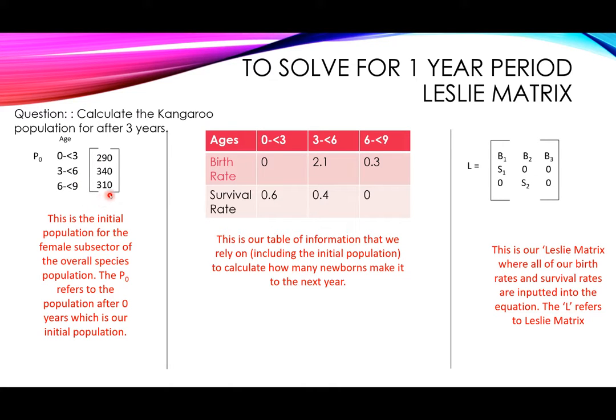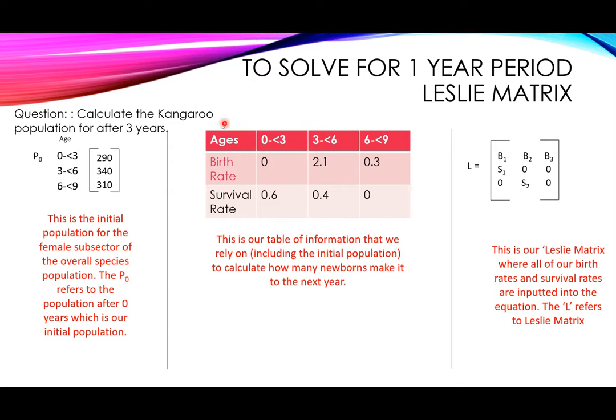And we only use the female subsector in a Leslie matrix because of the birth rates. If we do use male, then we'd have to incorporate other things, because birth rates can't be applied to males because of the way the reproduction system works. And then our survival rates will come into the picture later in our Leslie matrix.